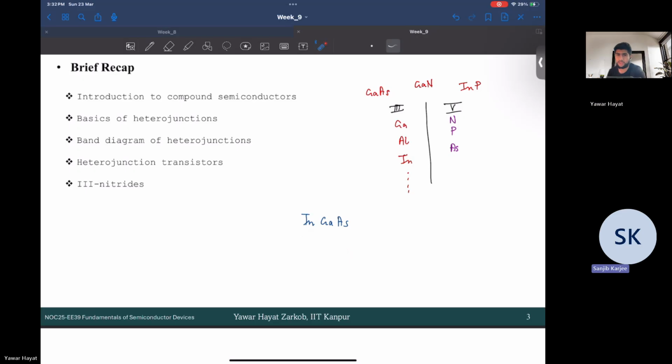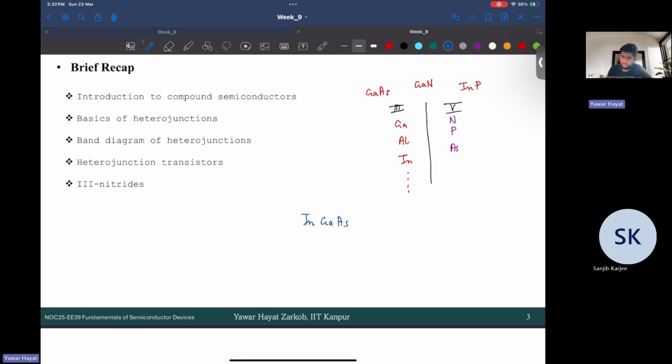Three, right? So if I used binary for these, what should I use as prefix for these compound semiconductors? They will be ternary, right? Because ternary means three. So this is an example of a ternary compound semiconductor.